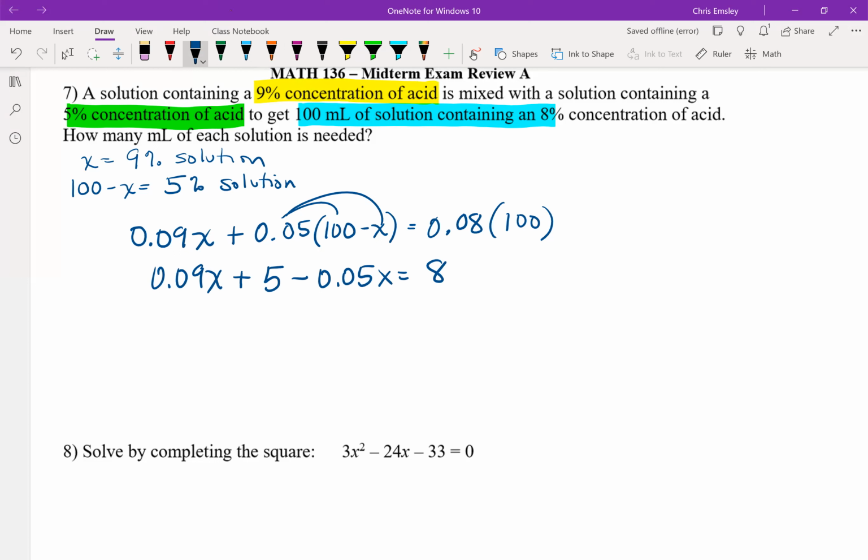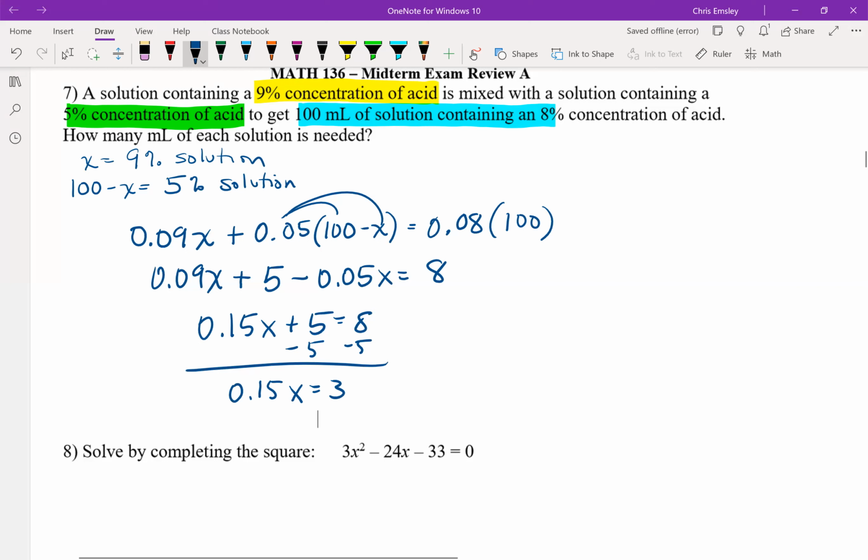Combine our like terms here. And we get 0.09 plus 0.05 is 0.15x. We'll subtract that 5. And we come up with 3 divided by 0.15, which is 20.